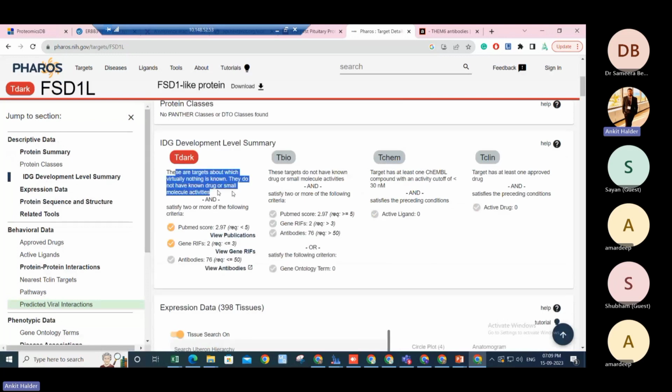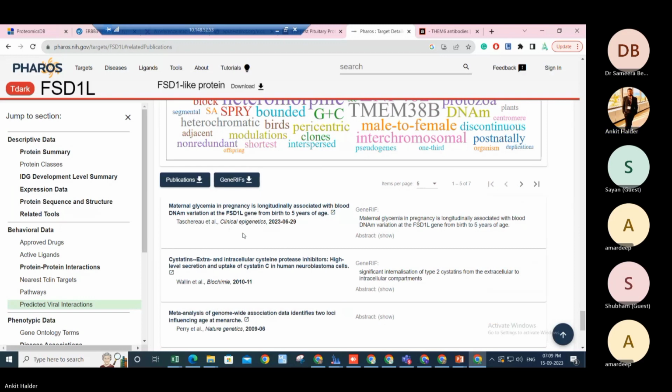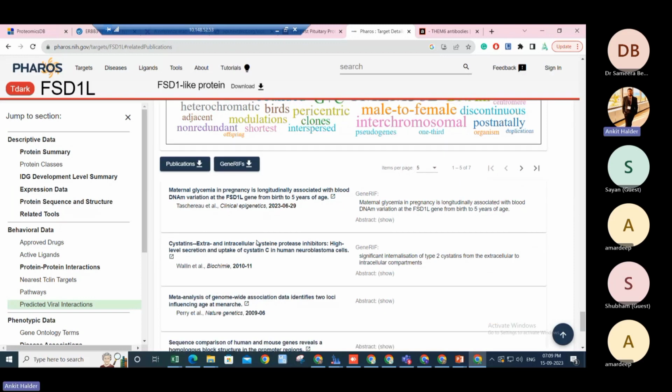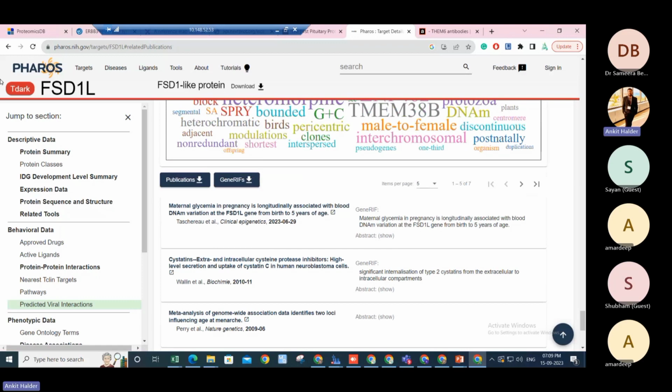These are your targets about which virtually nothing is known. So the PubMed score is 2.97. So which publications have been there? You can get that, which are the publications that have referred to it.